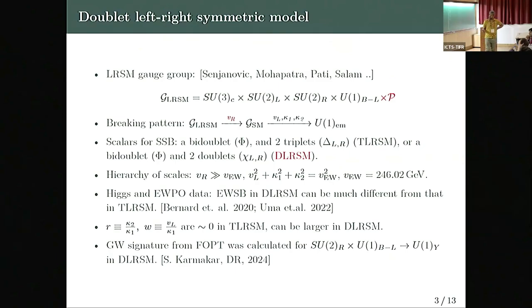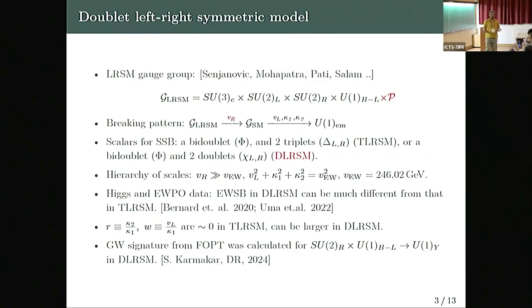This scale, which I call v_R, is a high scale, and these three scales are related to the electroweak scale, and there has to be a hierarchy between these scales. Depending on the kind of scalars you choose for the breaking, you could have different versions of left-right symmetric models.